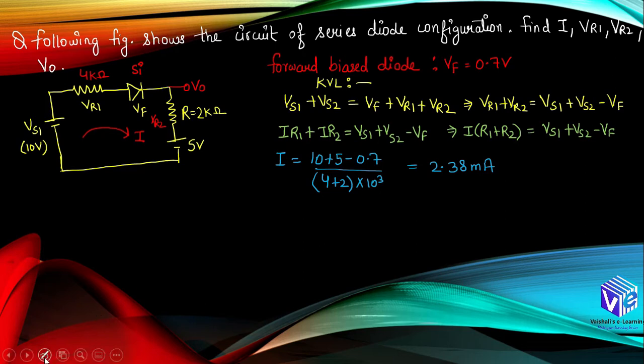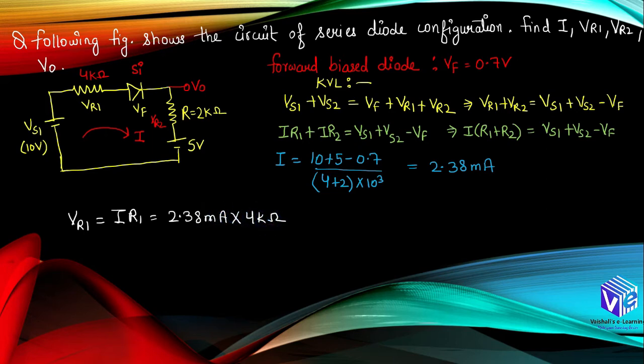Now the next thing that we need to find is VR1. How can we calculate VR1? I know the current and I know the value of resistance, so VR1 will be equal to I into R1. So it will be equal to 2.38 milliampere multiplied by 4 kilo ohm.